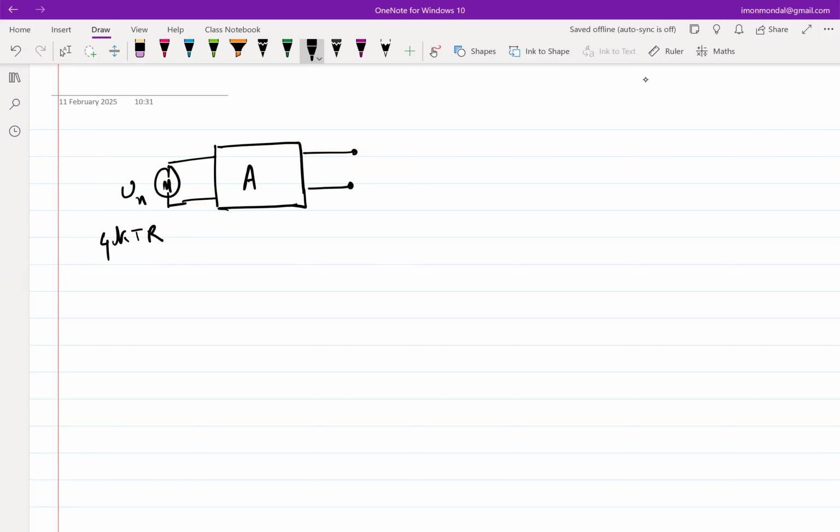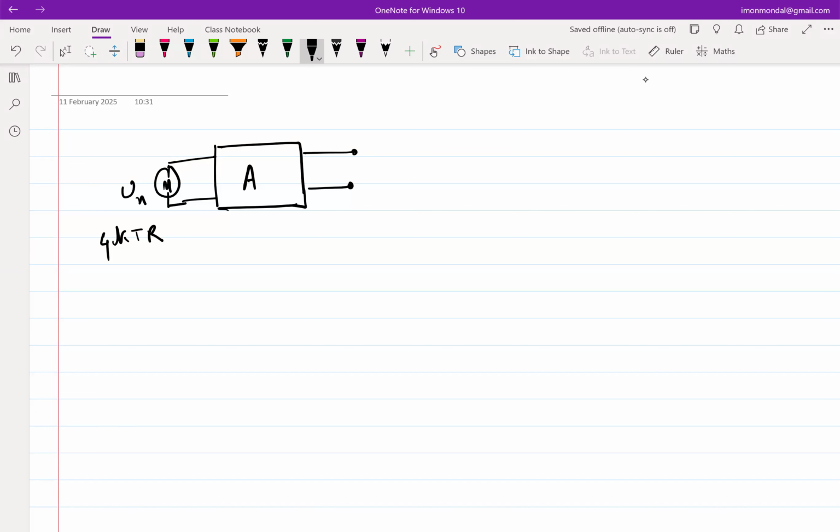If you've forgotten how to do it, treat this noise source just like a signal source. At the output, if Vn was a signal, you would have gotten Vn times A, but that doesn't make sense when dealing with noise. We have to talk about powers, so it becomes Vn squared times A squared.